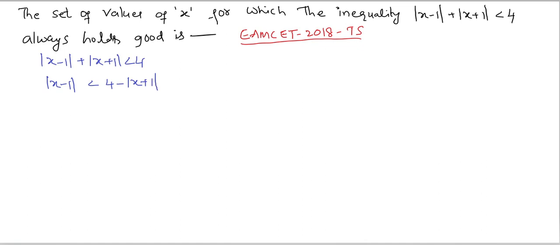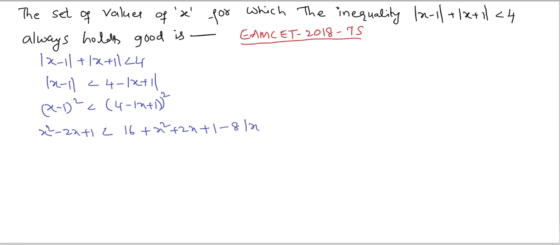Squaring on both sides, x minus 1 whole square is less than 4 minus mod of x plus 1 whole square, that is x square minus 2x plus 1 less than 16 plus x square plus 2x plus 1 minus 8 into mod of x plus 1. So x square cancelled and 1 cancelled.